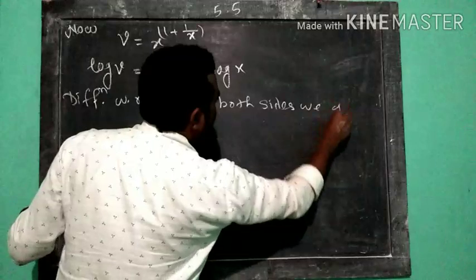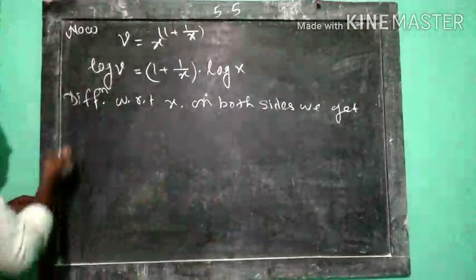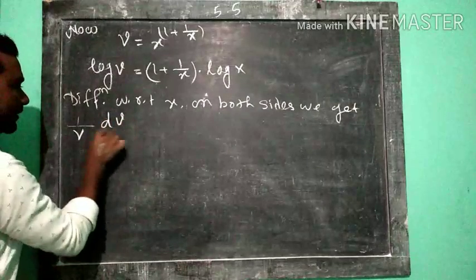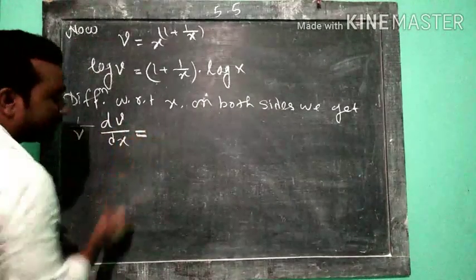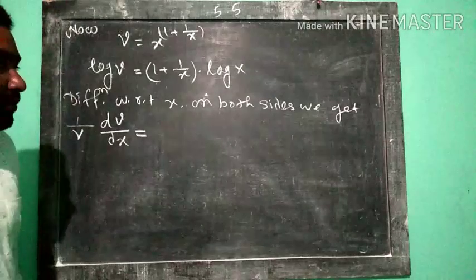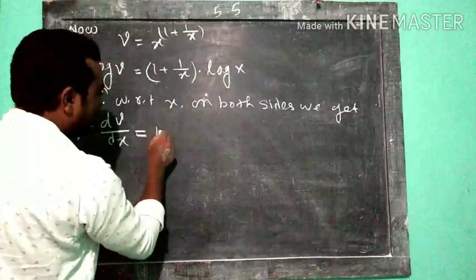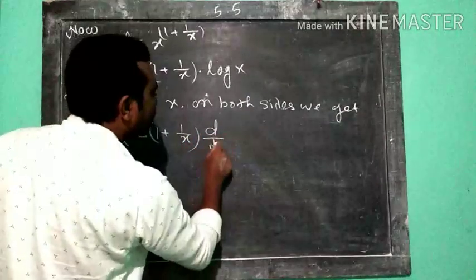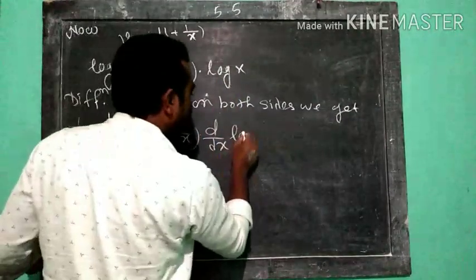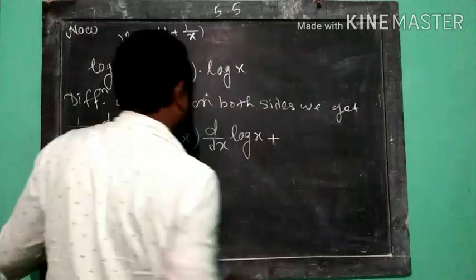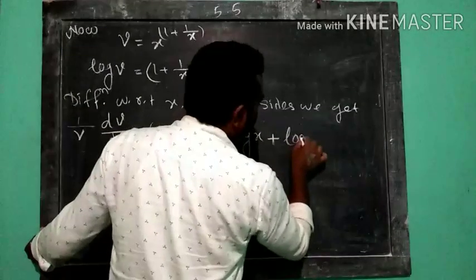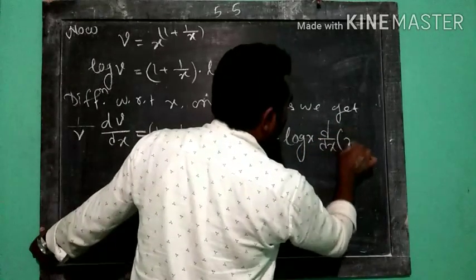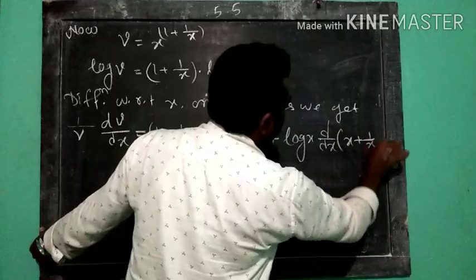we get 1 by v dv dx, this is equal to, using the product rule, (1 plus 1 by x) into dx of log x plus log of x into dx of (1 plus 1 by x).